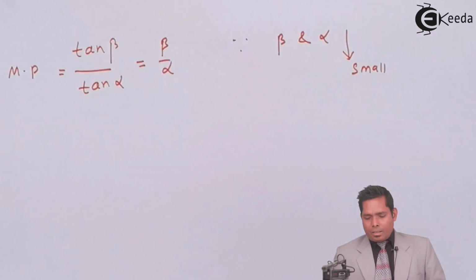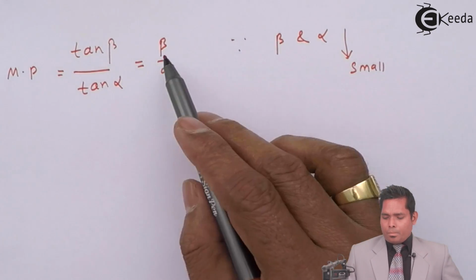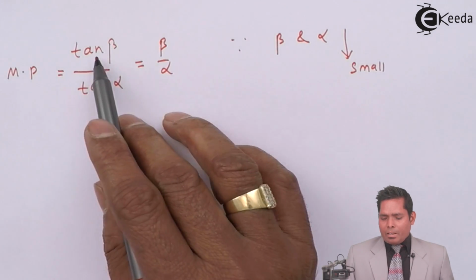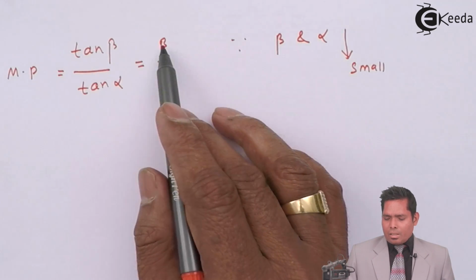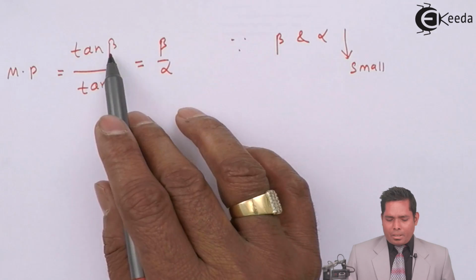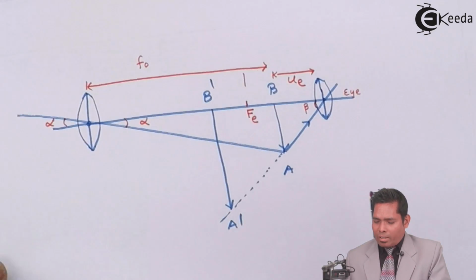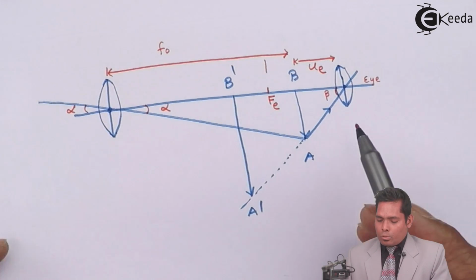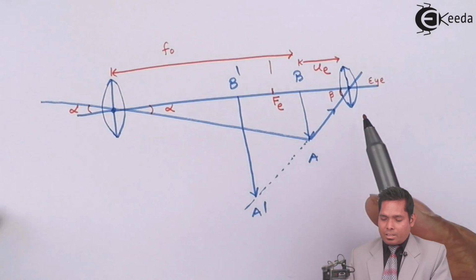In small angles, you can replace beta by tan beta, sin beta. So in this case, I have replaced beta by tan beta to use this triangle to express this angle in terms of sides.